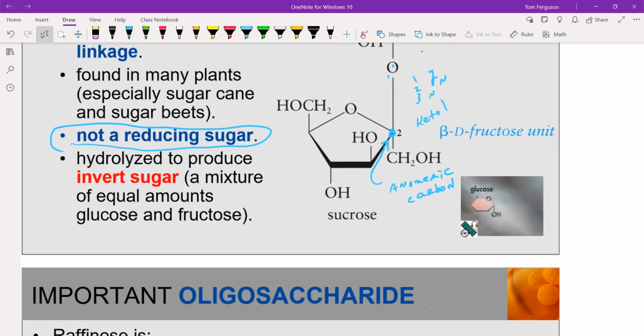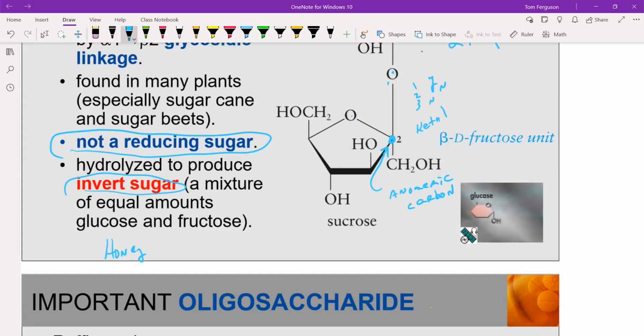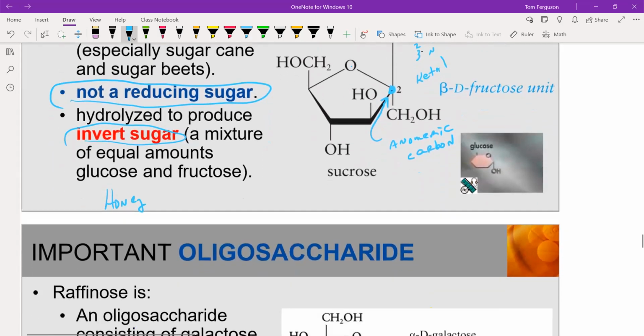And when we hydrolyze or take apart those 2 sugars, we end up with something called invert sugar, which is found in honey. So honey is sweet, not because of sucrose. Honey is sweet because of fructose in it.